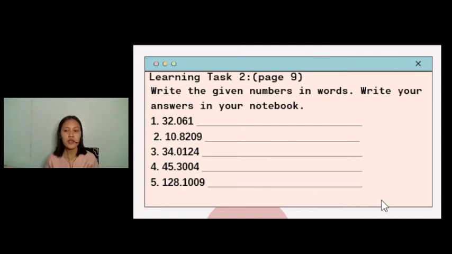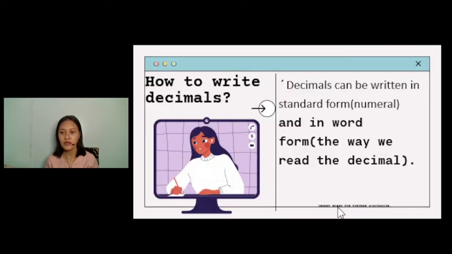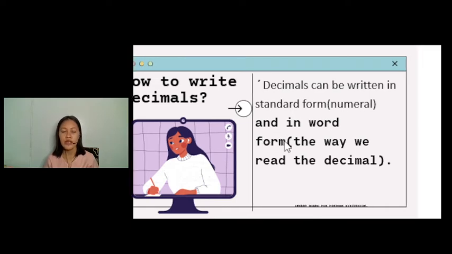By the way, if a number includes a whole number, if the decimal includes a whole number, you can read or write it separately first, and then it is easier to combine and write it as a whole.